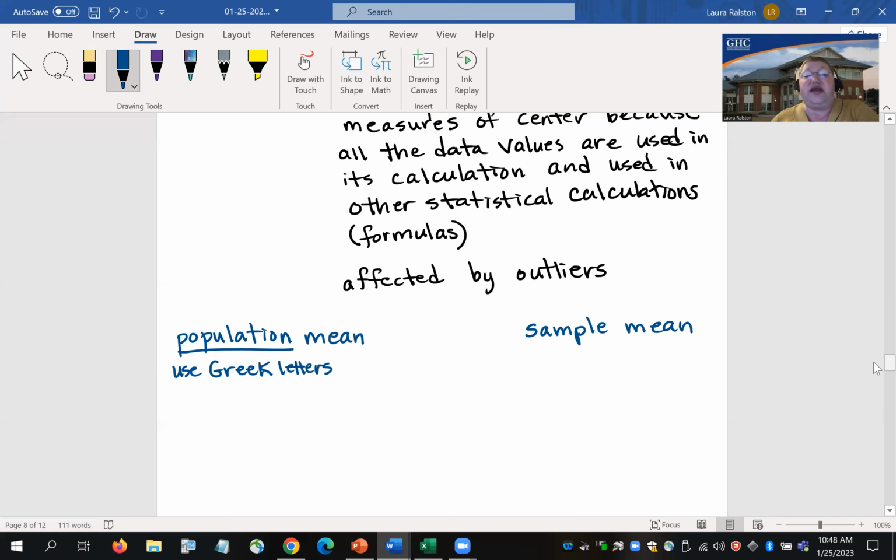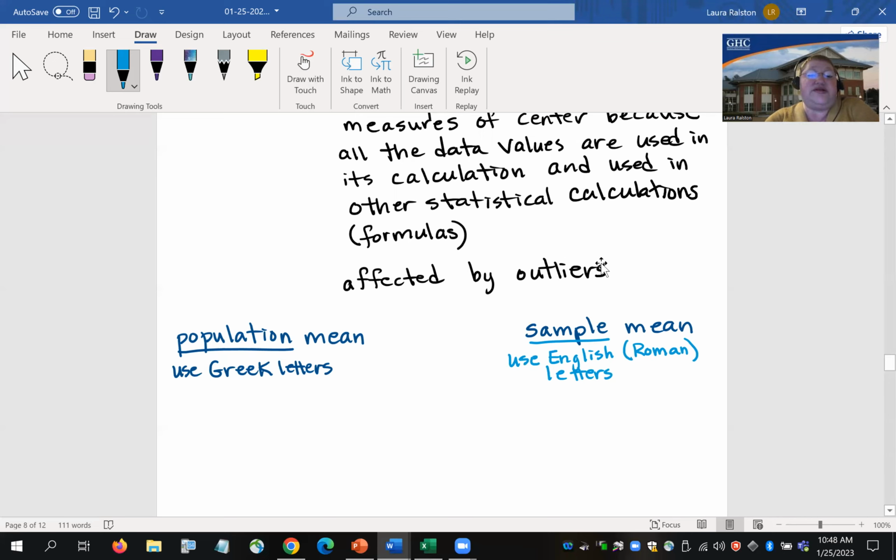And if we're dealing with the population, we use Greek letters. If I'm dealing with the sample, we use English, your text refers to them as Roman letters.